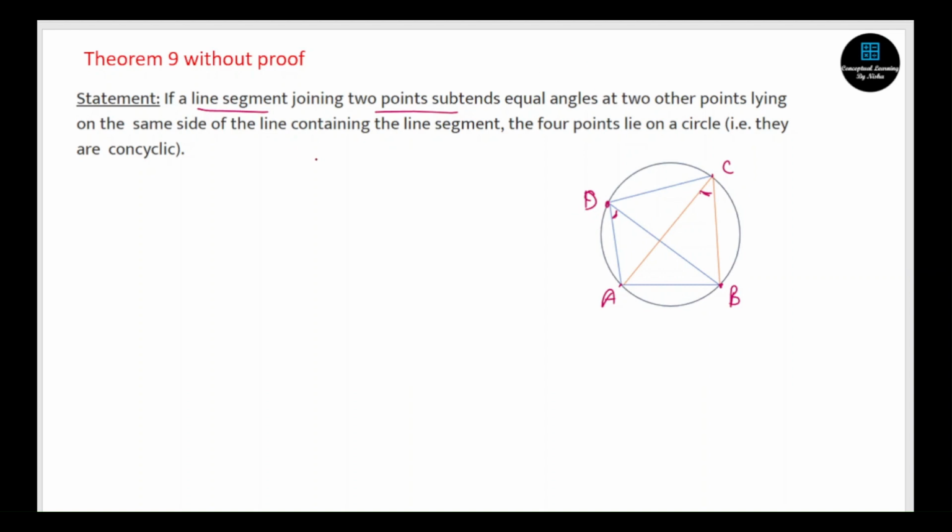And in this way, these 4 points are on the circle. Means what? These points are called concyclic, and this quadrilateral ABCD is called a cyclic quadrilateral. Remember it. It is quite obvious, so we are not taking any proof of it, just to understand this. So this makes a cyclic quadrilateral that you have to remember.